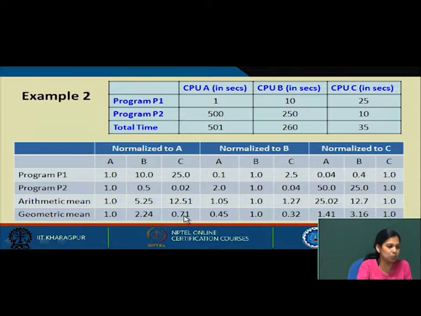The geometric mean seems to be consistent. C is the least here, C is the least here also, and C is the least here also. So, the geometric mean is considered one of the metrics that can be used for evaluation, although the arithmetic mean cannot be used properly.